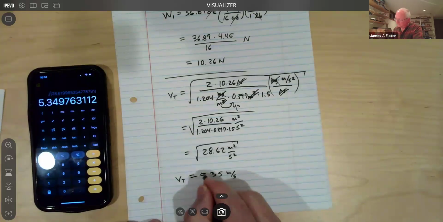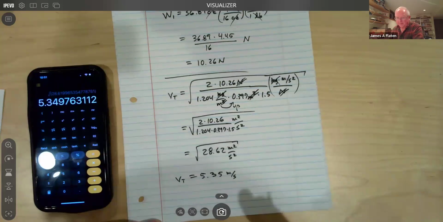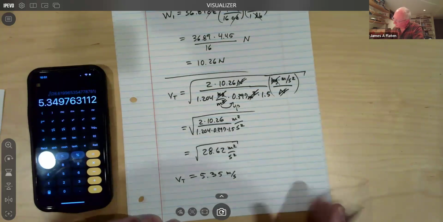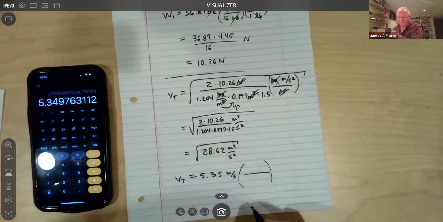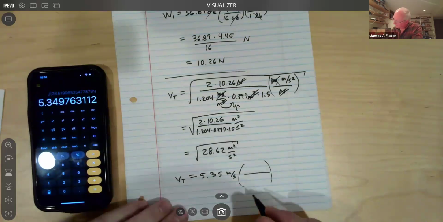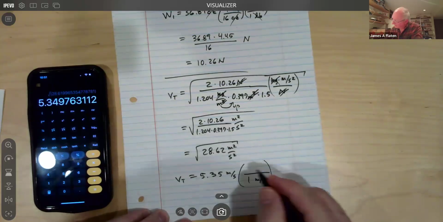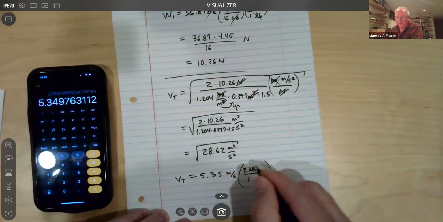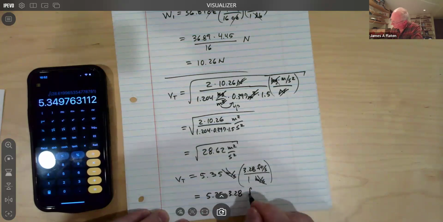There I have it. But I was supposed to compare this to 25 feet per second, which is the safe speed that I'm interested in. So I better change meters per second into feet per second. I happen to know that 1 meter per second, which you can look up or have memorized, is the same thing as 3.28 feet per second. So the meters per second will cancel, and my answer will be 5.35 times 3.28, and the units will be feet per second.